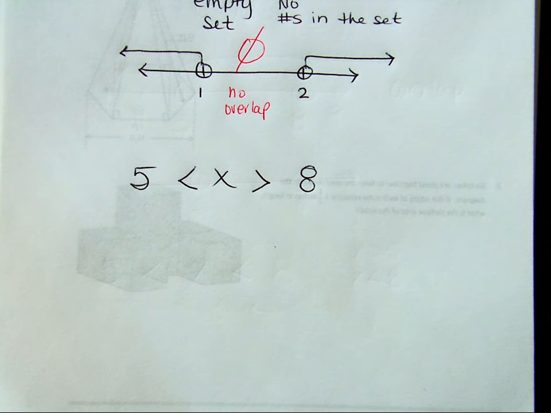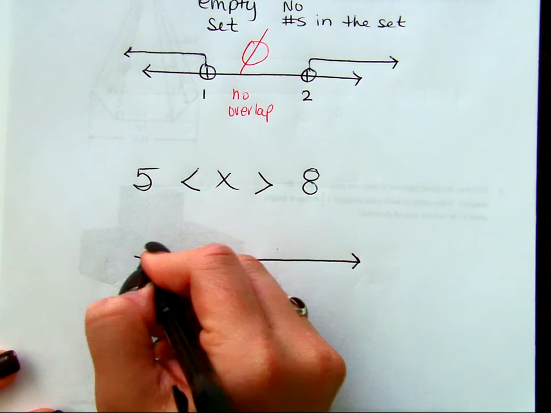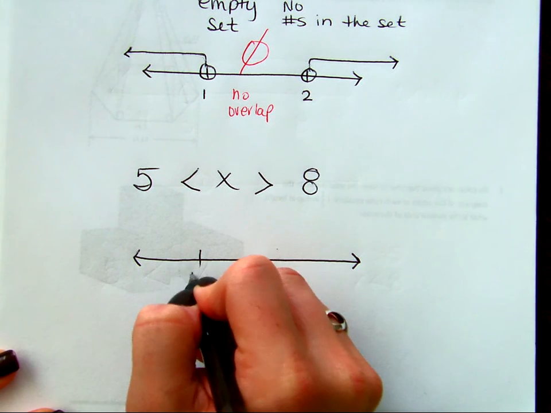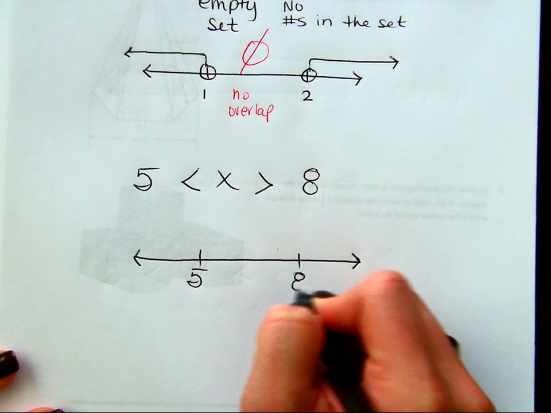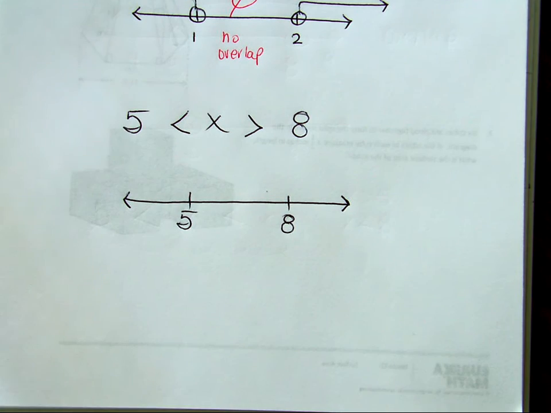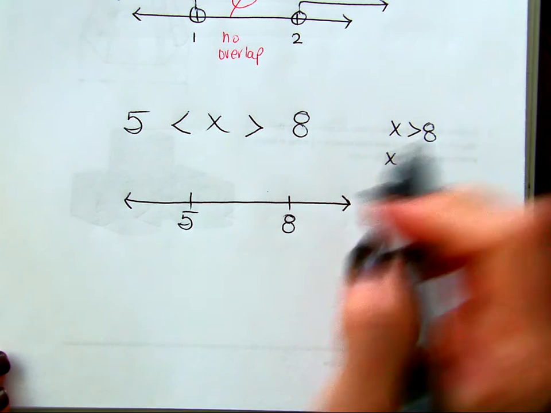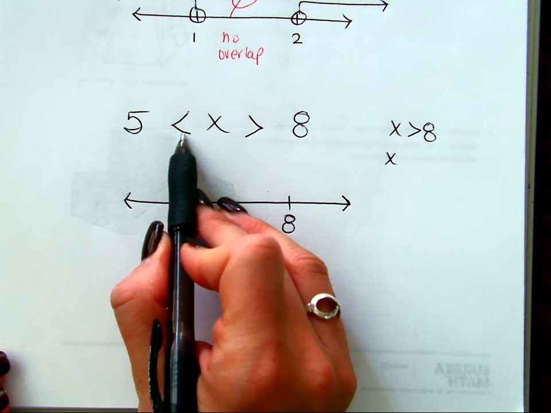So your choice here is, I'm going to maybe ask you to list some things, but it might be easier to look at it as a graph first, right? So here's 5, here's 8, and you know what it might be easy to do first? Separate them, take them apart. You want to look at all numbers greater than 8, and then all numbers greater than 5.